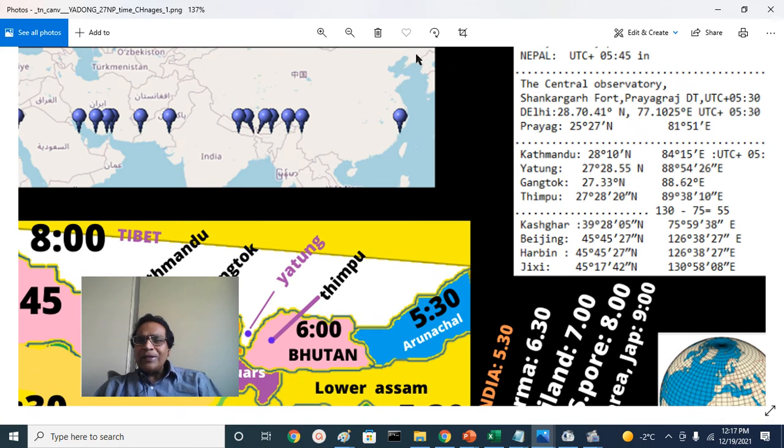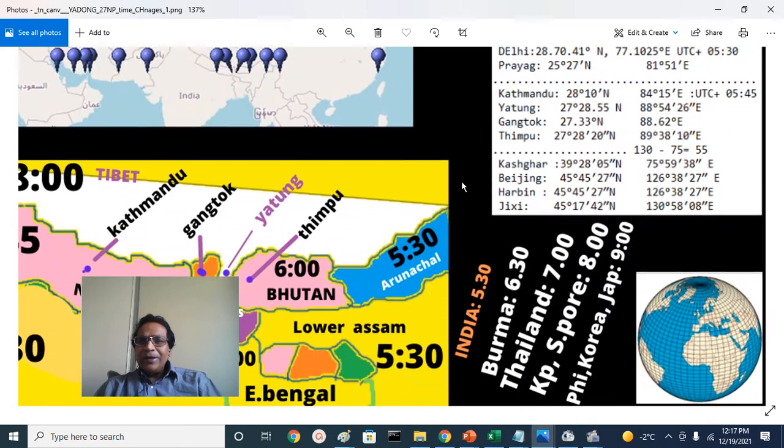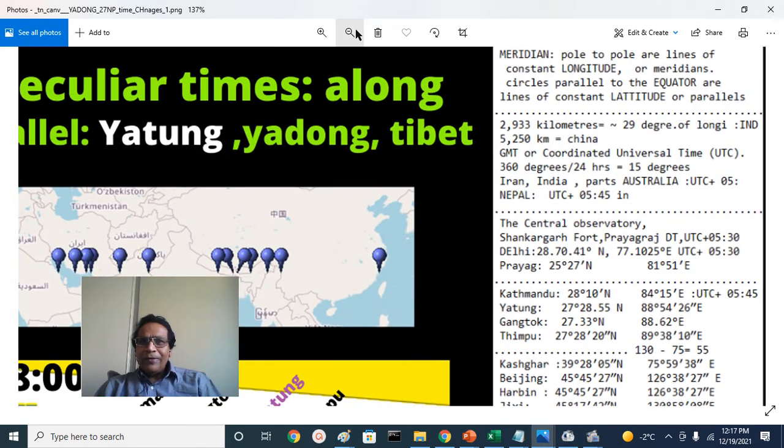So if you subtract 75 from 130, you get 55, that is the longitudinal range of China. Whereas India is around about 29 or 30. So India can have 2 time zones. China can have more than 3 time zones. But China follows only 1 time zone. That's the point we are trying to make for your convenience.